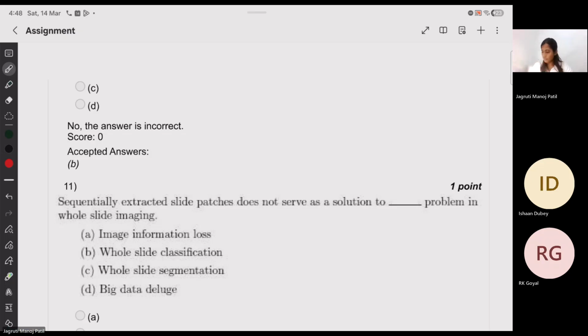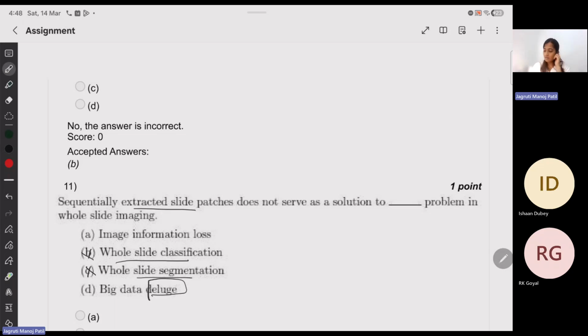So you know what this means, right? If you have sequentially extracted patches, it serves as a solution to your whole slide classification and whole slide segmentation. So those are essentially removed from here.